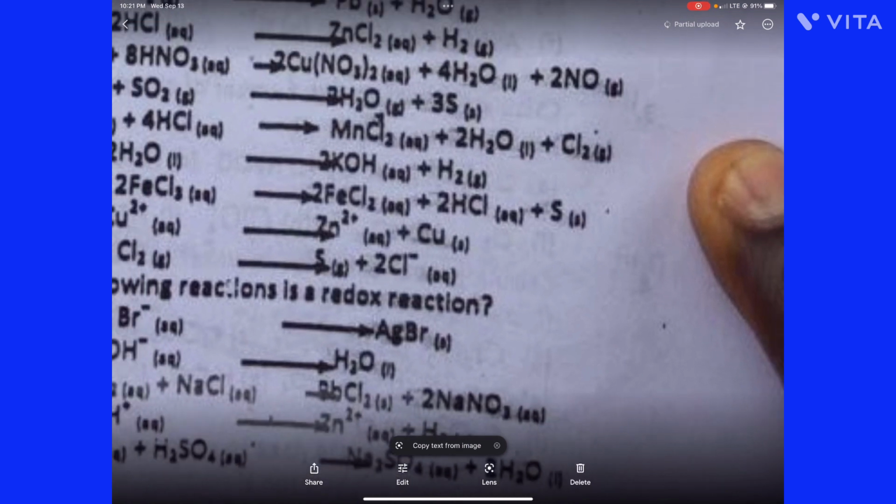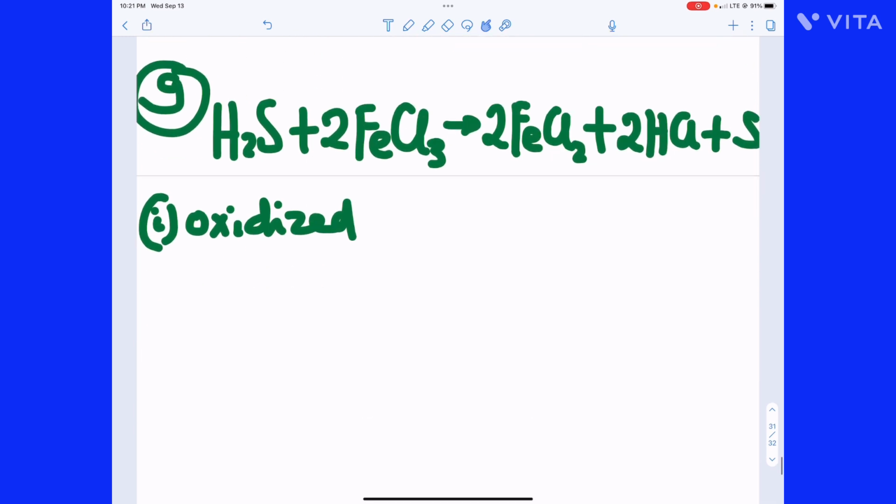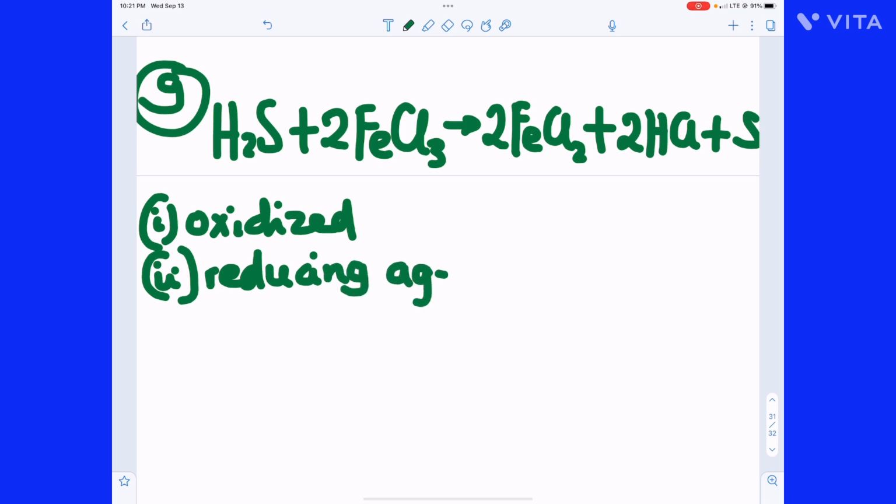Can you see this clearly now? So we want to choose what substance is oxidized. That's our first question. We also want to choose what the reducing agent is. We want to determine what the reducing agent in the reaction is.